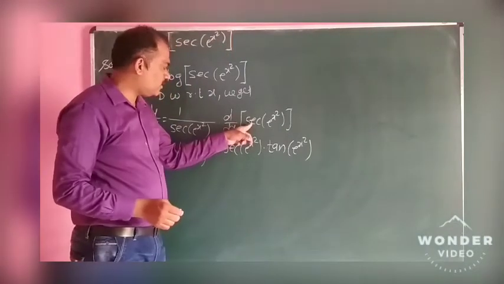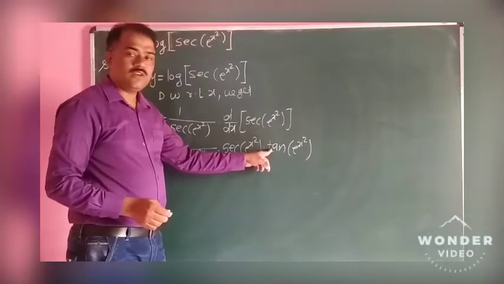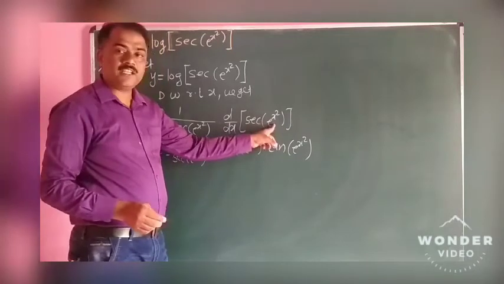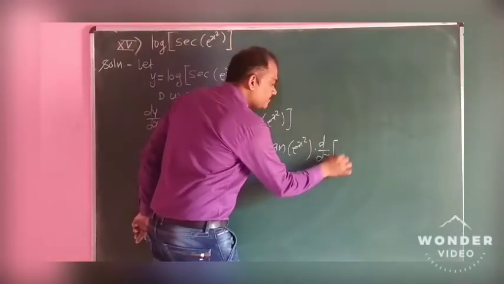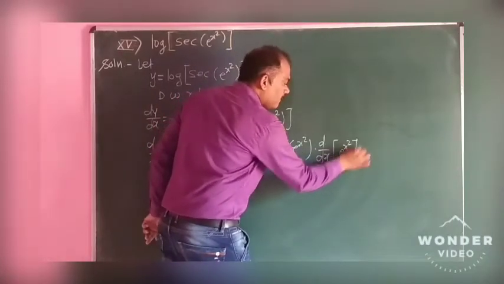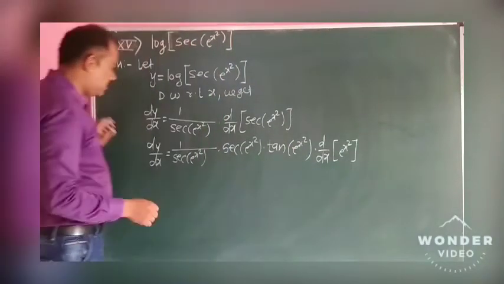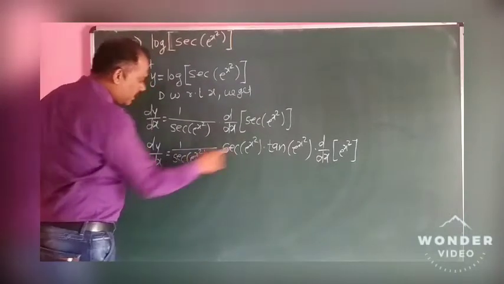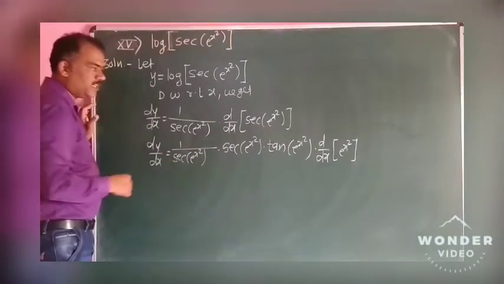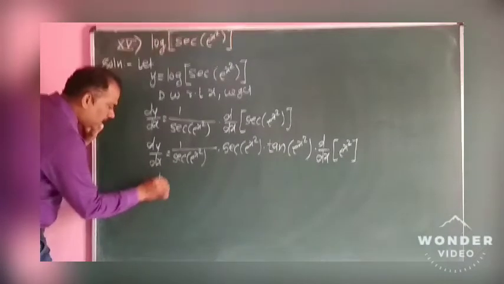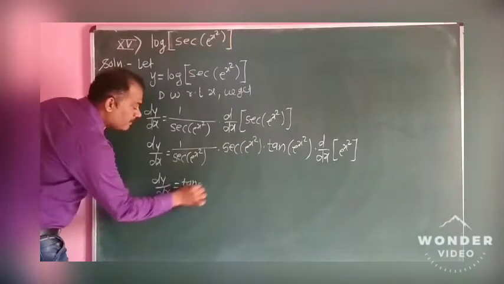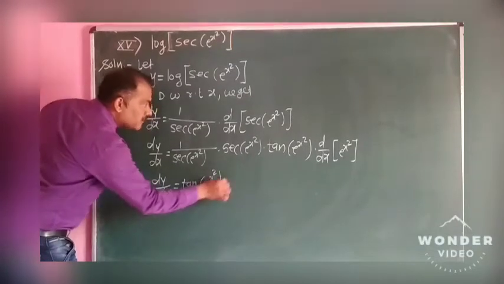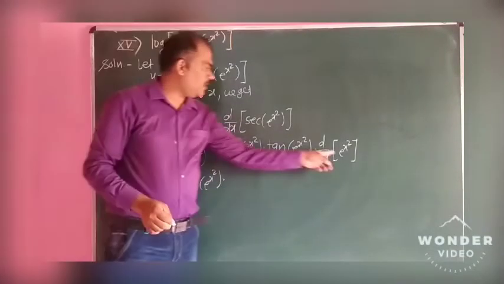We have taken the derivative of this sec into tan. Now we have to take the derivative of e raised to x square, that is d dx of e raised to x square. Here sec of e raised to x square divided by sec of e raised to x square gets cancelled, so dy by dx is equal to tan of e raised to x square into the derivative of e raised to x square.